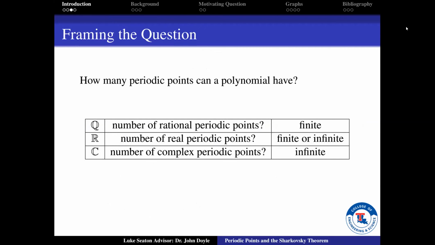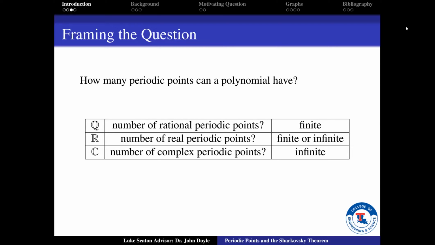So to frame the question, now that we've introduced periodic points, I want to ask, how many periodic points can a function have? And as a good starting place, we're going to ask, how many periodic points can a polynomial have? When we look at the number of rational periodic points, that has been shown to be finite by Northcott in 1949.